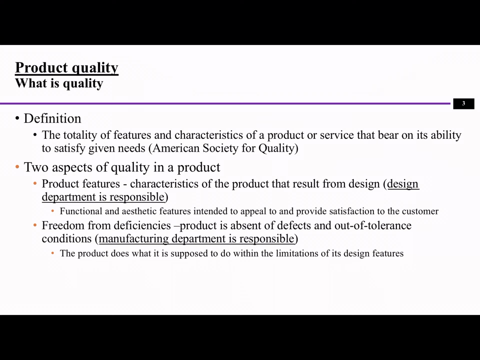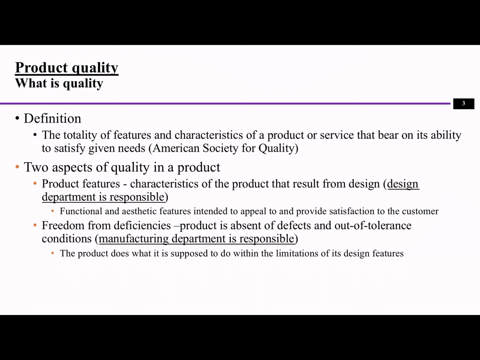We set a tolerance of plus or minus 0.1 inch. If I produce a phone that is 11 inches, it has deficiencies, right? That means it's off the tolerance, which means it's poor quality because it's not within the tolerances. So this aspect is called freedom from deficiencies.